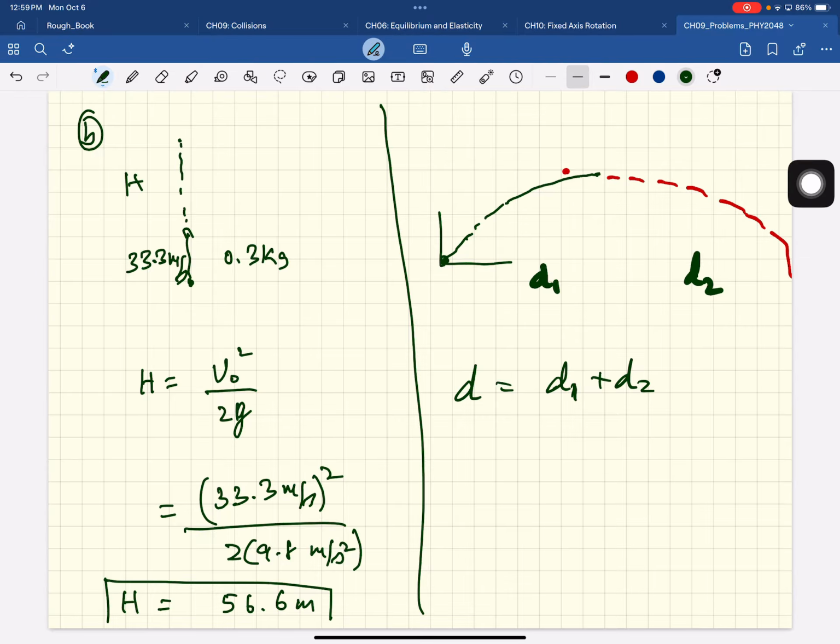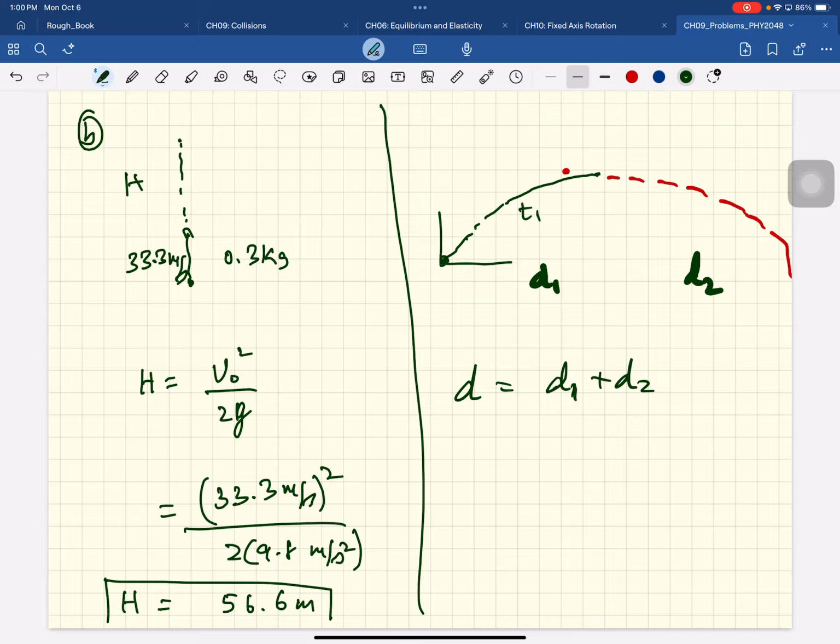Now, I won't prove this to you guys, but what we'll do is solve for the time it took for the projectile to go from here to there. And then what do you think will be the time for this guy to fall down? Same. So this time of flight is the same as this time of flight. So let's calculate that.